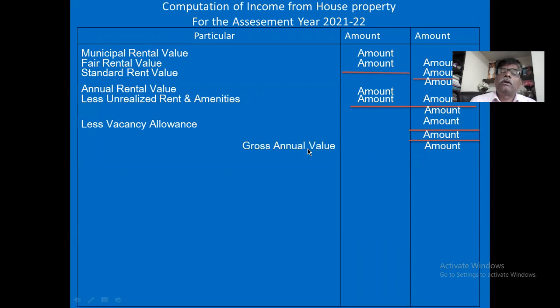This amount is called gross annual value. This is only when vacancy allowance is there. Otherwise, you take as per your step.